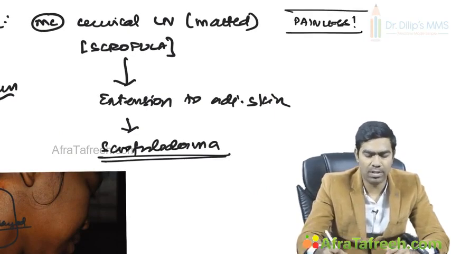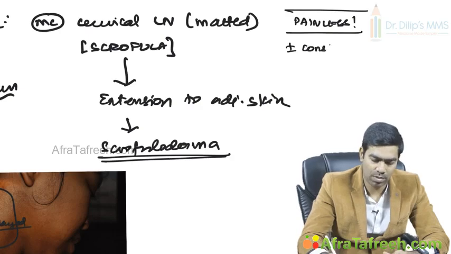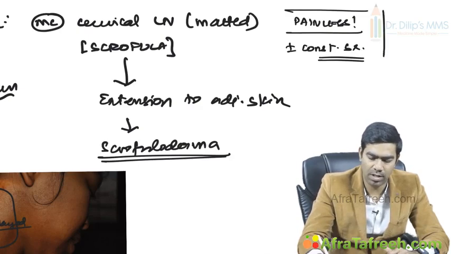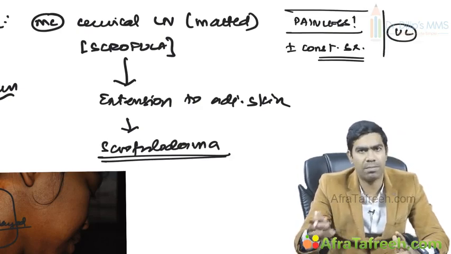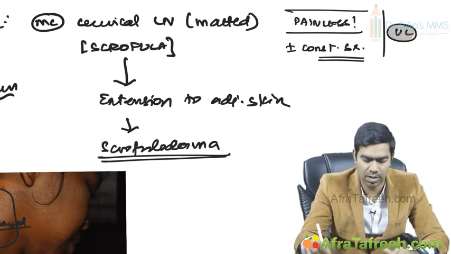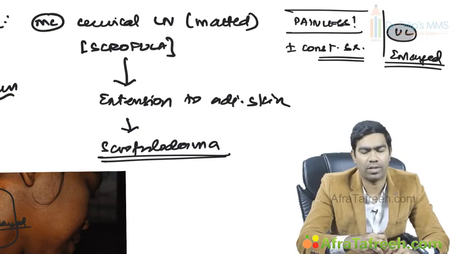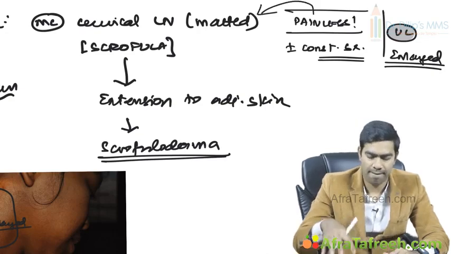These patients may or may not have constitutional symptoms. Most of the time they will be unilateral nodes. It can be bilateral, but classically it will be unilateral. They will be enlarged and swollen, and they might have a matted consistency.